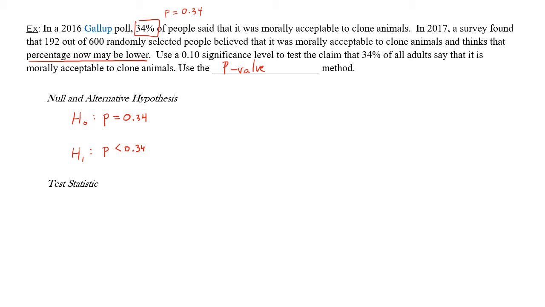So now I'm going to take the sample data that we have, where we see 192 and 600 altogether. So 192 people said it was morally acceptable, and 600 people altogether were sampled. And we're going to enter this into our calculator.